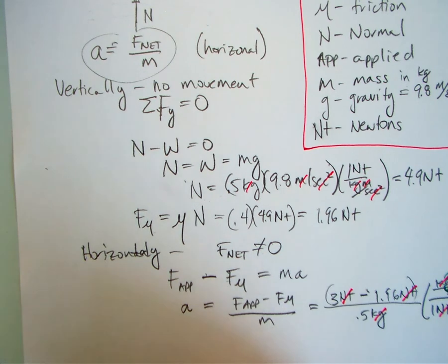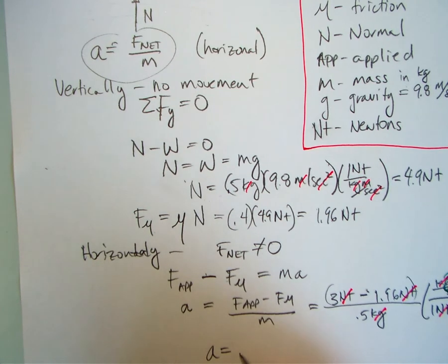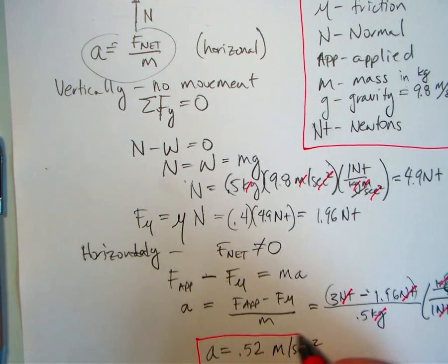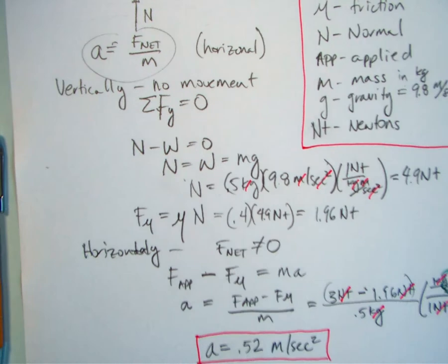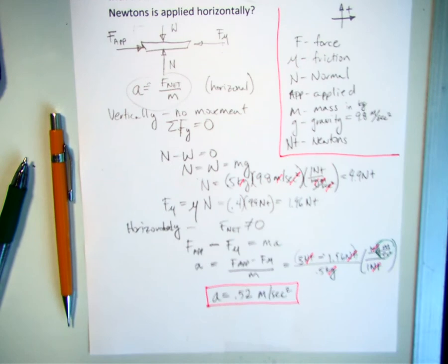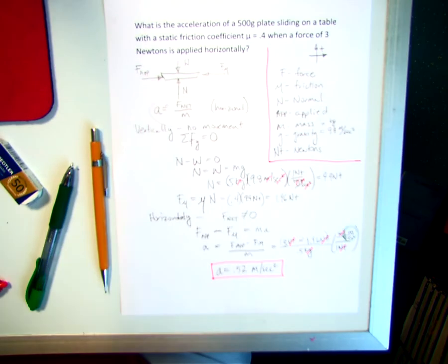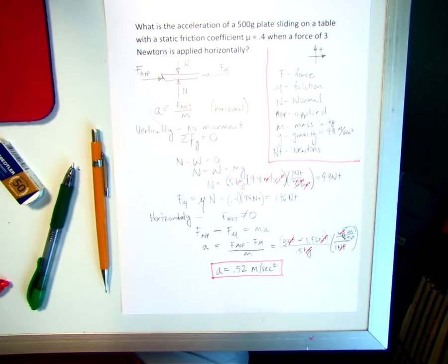So when we work that out, the acceleration is going to be 0.52 meters per second squared. And we'll box that in, draw our reader or grader its eyes right to where we want it to be, and we've solved that problem. And I'll zoom out and give you a whole picture of this, okay? Hopefully you should be able to read that better.